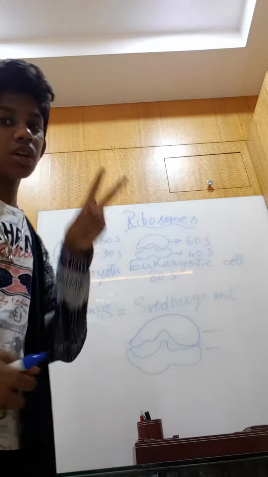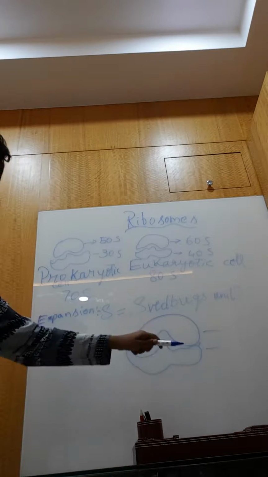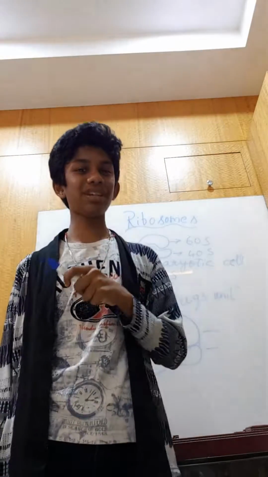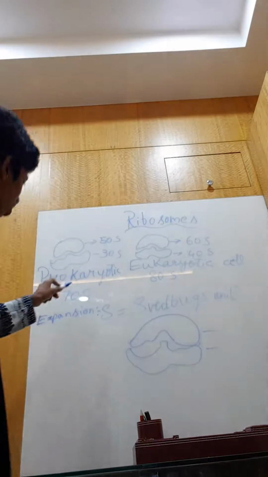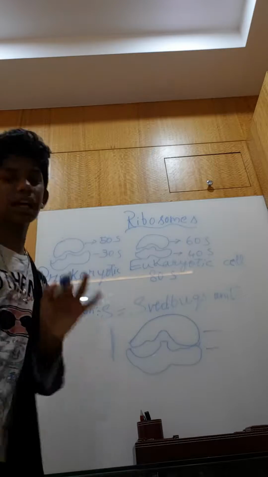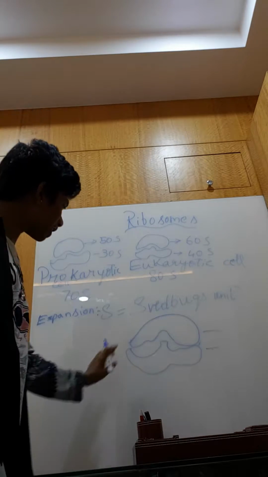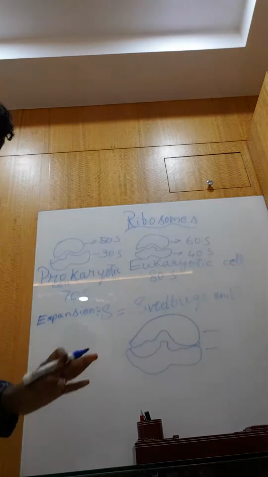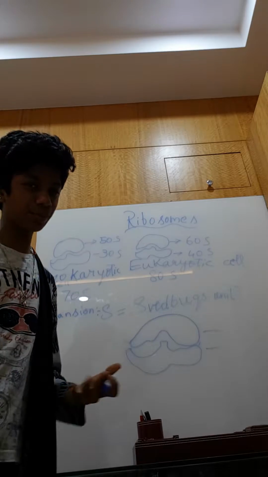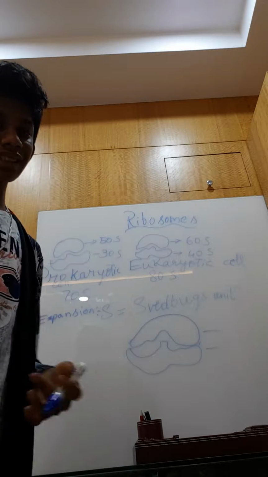In these ribosomes, a process called sedimentation is happening. Whatever organic or chemical substances enter the ribosomes are converted into proteins by the ribosomes. Ribosomes produce or secrete proteins, mainly in fluid form.